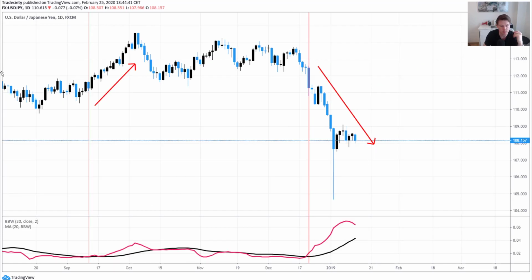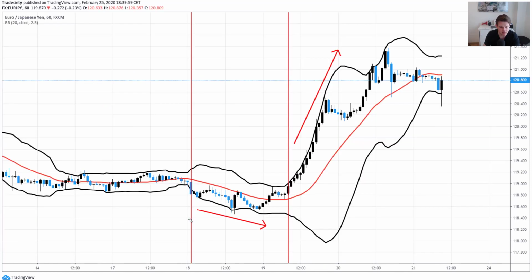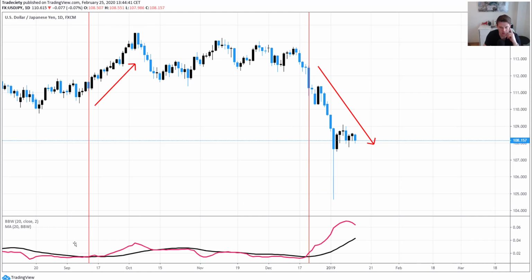The third one is Bollinger Band width, which is a really interesting approach. It's also based a little bit on the squeeze. Whenever the Bollinger Bands are very close together, you would wait for the breakout. Here we have the Bollinger Band width, and also a moving average on the Bollinger Band width.